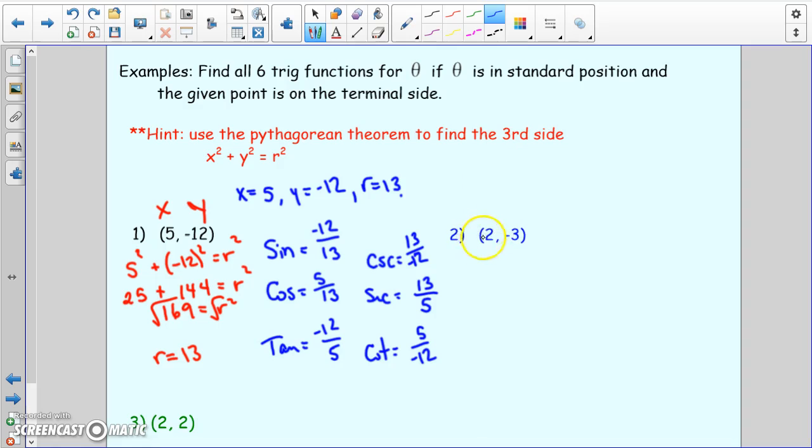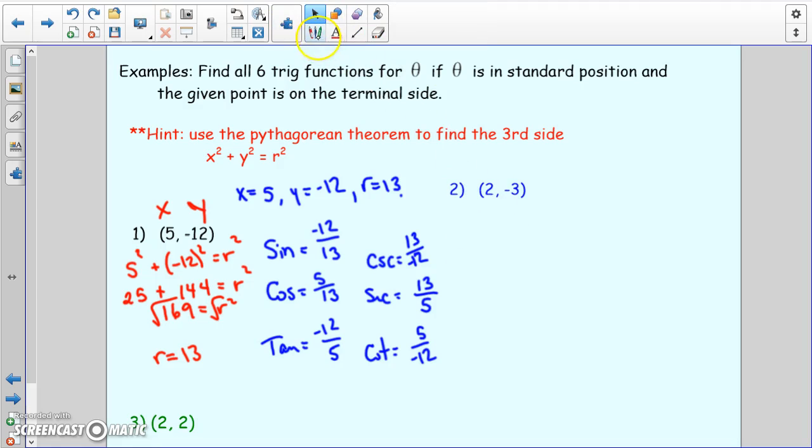Okay, so let's take a look at our second one here. Okay, we're going to do the exact same thing. So they give us the ordered pair of x and y as 2 and negative 3. We plug it into the x squared plus y squared equals r squared.